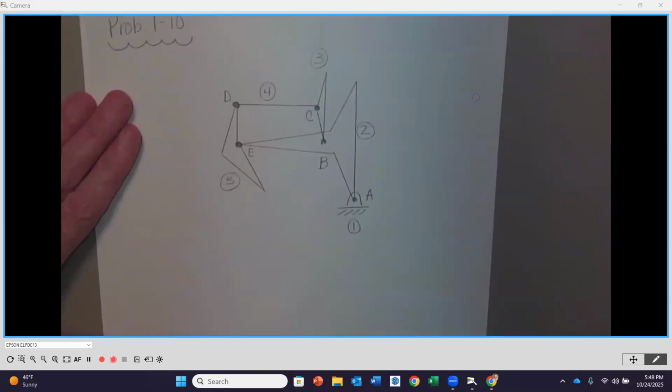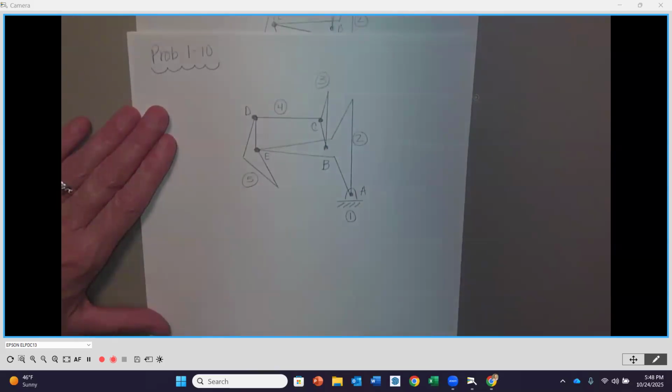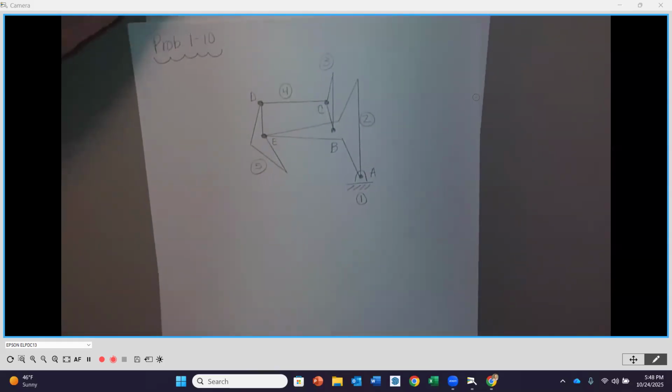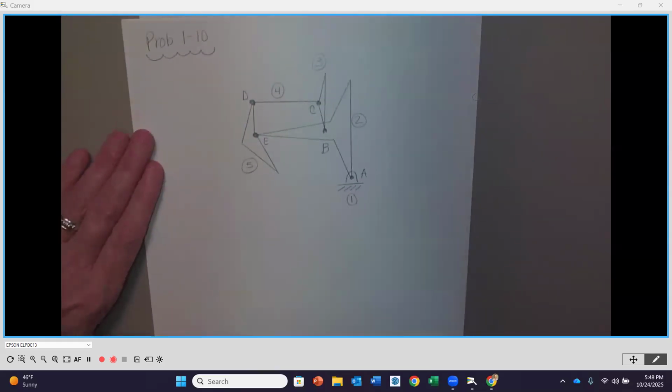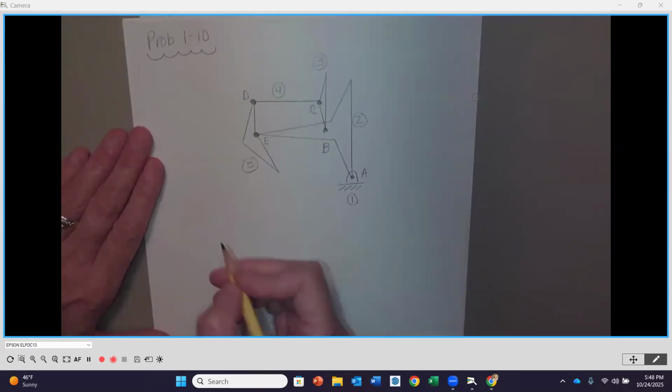Now for this part, I'm going to kind of finish this up. Since we have this completed, first of all, are there any questions on the diagram itself? And then we might as well just finish it up and do the calculation for the degrees of freedom.